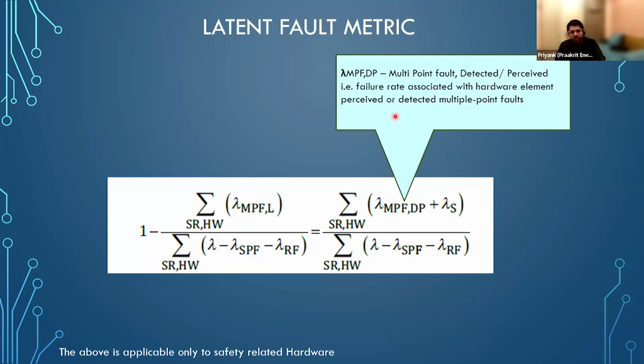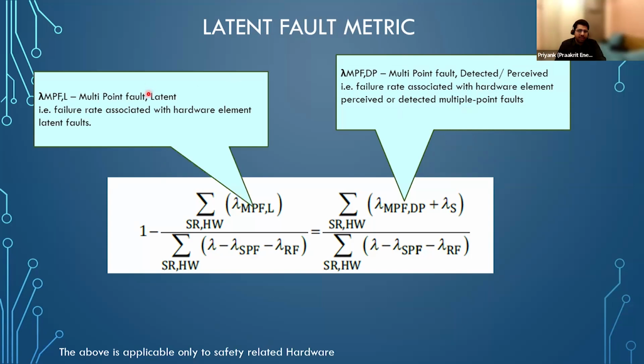Detected or perceived means that due to some safety mechanisms, the driver is able to detect and can control against those faults, so those faults never really become dangerous. And latent faults are those faults which remain hidden. As per the English definition of the word latent, they remain hidden in the system, and only manifest themselves or become dangerous when something else also fails across the system.